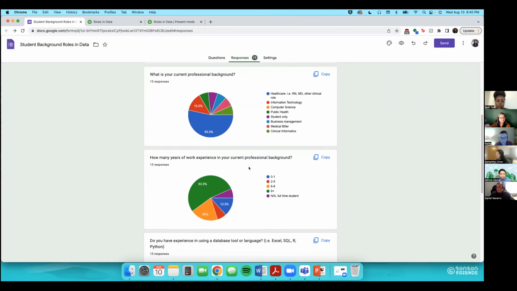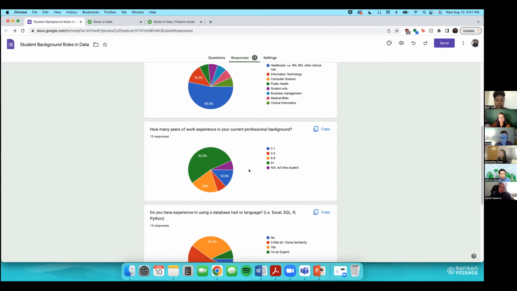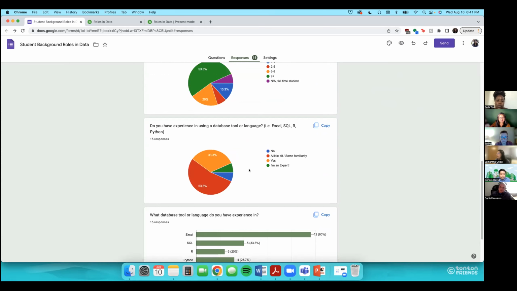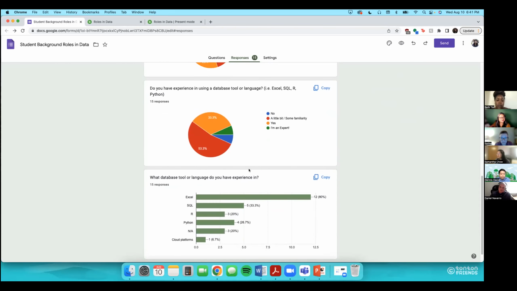And then next, work experience. A lot of people currently have 9+ years of work experience, which is amazing. I have some that are mid-range and newly entering careerists. And then the last two are more specifically toward database tools and programming languages.